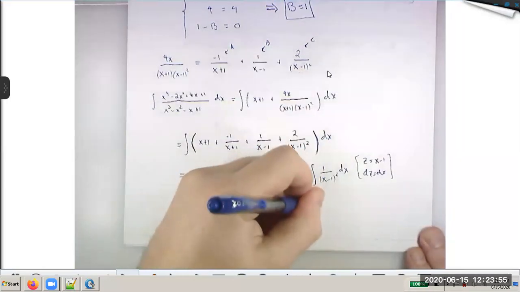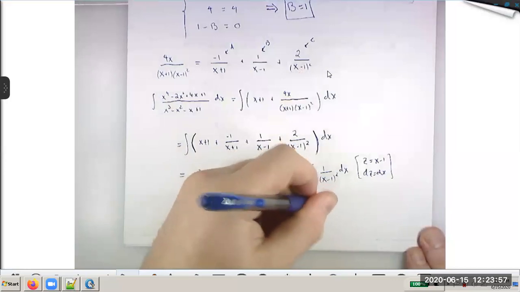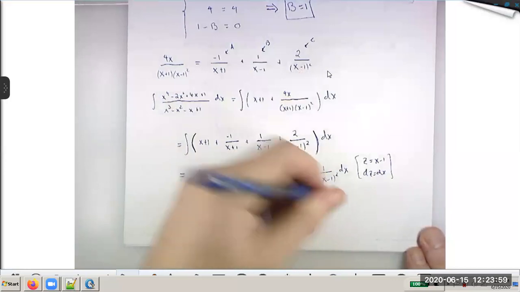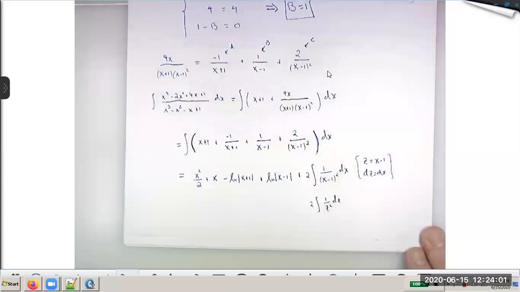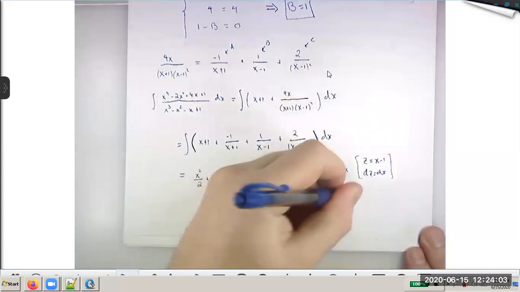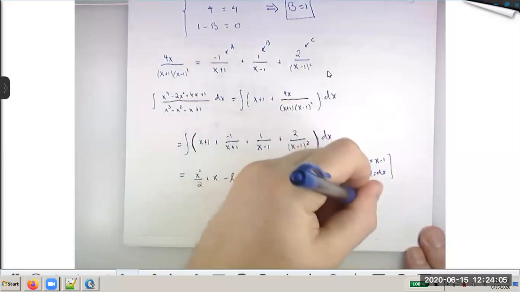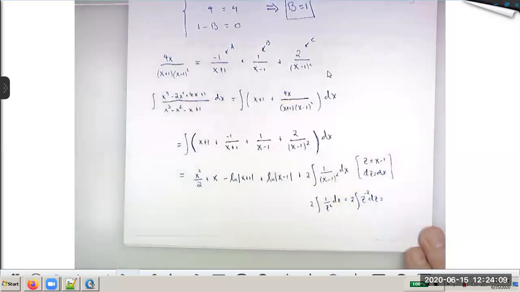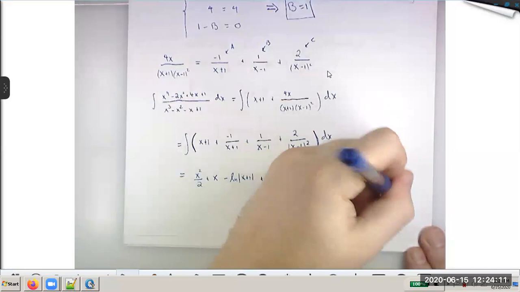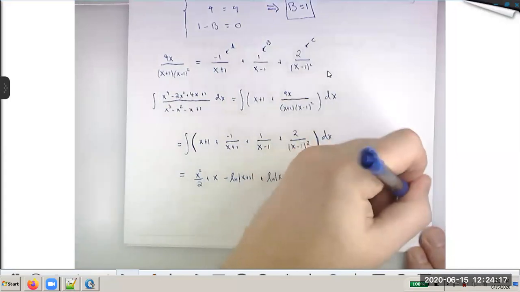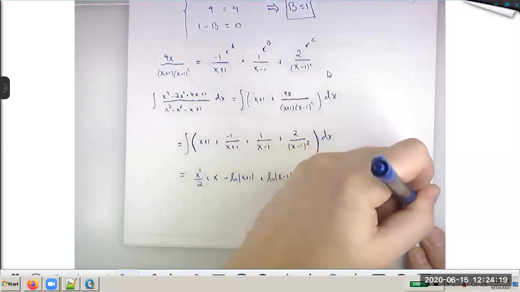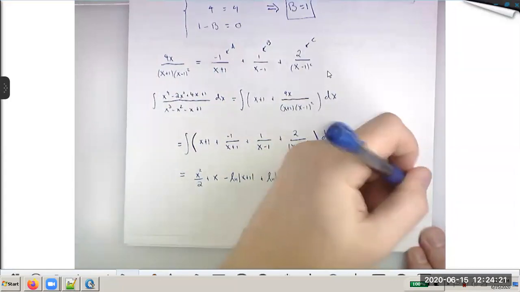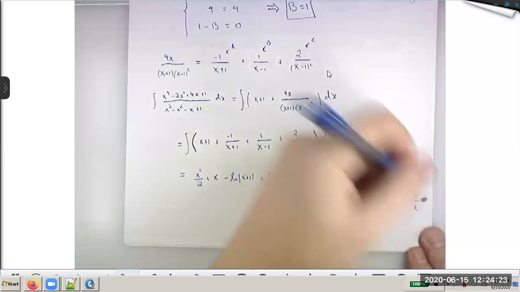And this becomes 2 integral 1 over z squared dz, which is integral z to the negative 2 dz, which is 2 times z to the negative 1 divided by negative 1, or negative 2 over z, plus a constant, I guess I should say. I'll just write it like that for now.